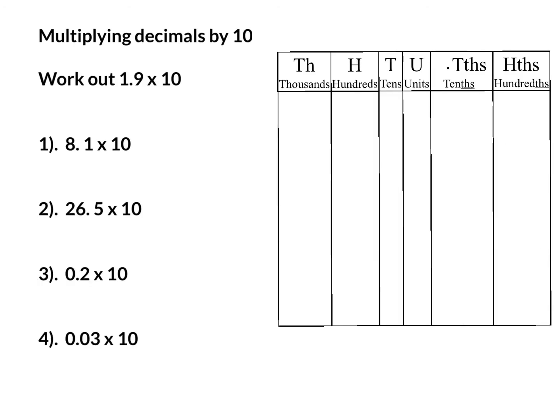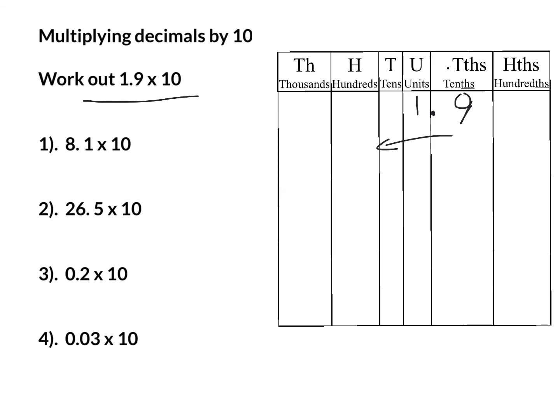Now, this concept is a little bit more tricky because it is multiplying decimals by 10, okay? So there's an example at the top here. It says, multiply the number 1.9 by 10. So number 1.9 is 1 unit and 9 tenths, okay? So if I make this number 10 times bigger, I am moving the digits one place to the left.